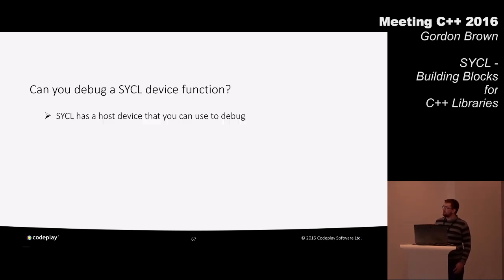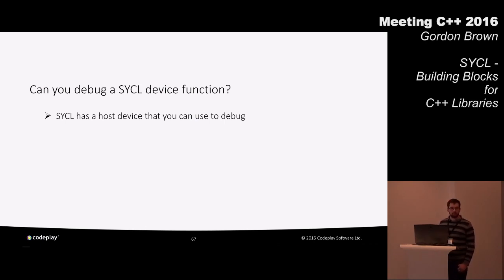The next question is: can you debug a SYCL kernel, a SYCL device function? Debugging heterogeneous devices is probably a talk in itself. It's a very, very complicated thing, and it's still being figured out. Generally, you'd require a debugger for the particular device. However, in order to make this easier, SYCL provides what's called a host device. Every SYCL implementation is required to provide a host device that doesn't run through OpenCL.